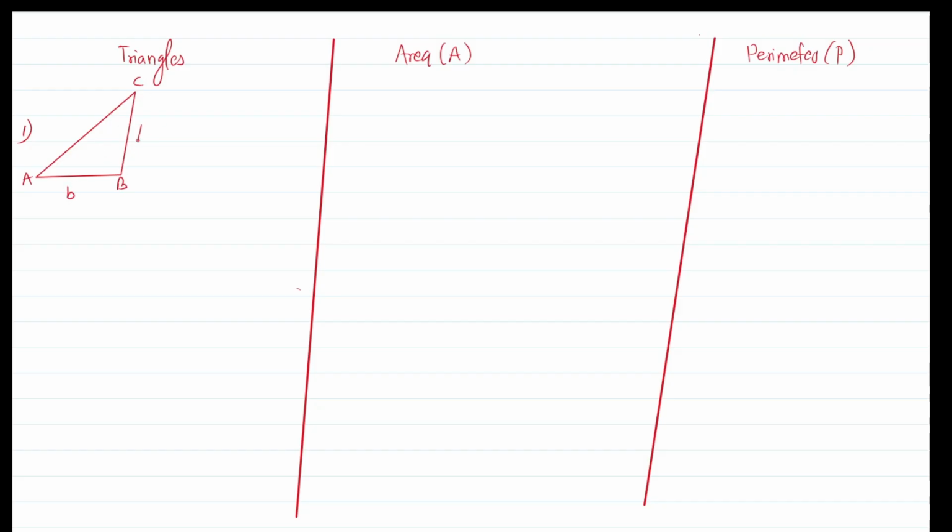If we know base, perpendicular P, and hypotenuse, then area is equal to half of base into height, or half BP, and perimeter P would be equal to the sum of the sides.